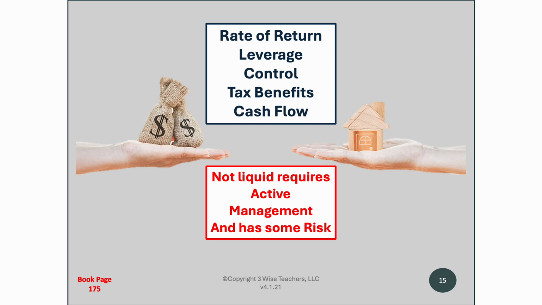You're either going to have to sell the property to make it liquid, to turn it into cash, or you're going to have to go out and borrow money against it to turn that into cash. Both of these things are not immediate. Certainly selling it could take a long time. Borrowing money is going to be more efficient, but even that has a time delay in it before you can access the money.